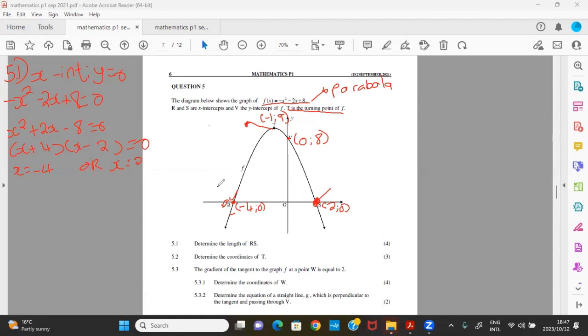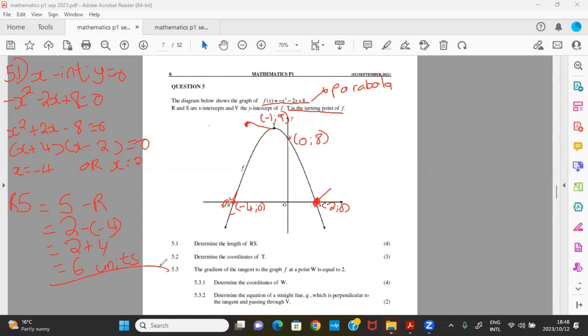So now that I've gotten the coordinates, I'm answering the question. I can say RS equals my bigger value, the coordinate of S, minus R. So that's 2 minus -4, which is 2 plus 4, and it gives me 6 units.